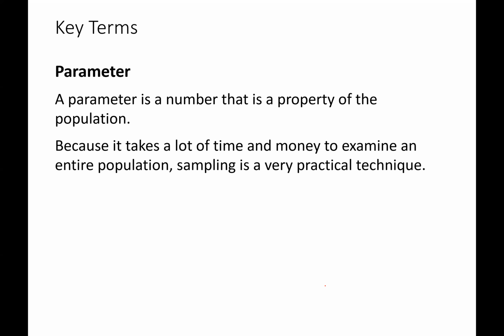I mean, what are some things you could use to describe your population? The number of items in your population. That would be a parameter. If you found the average of some attribute in your population, that would be a parameter.